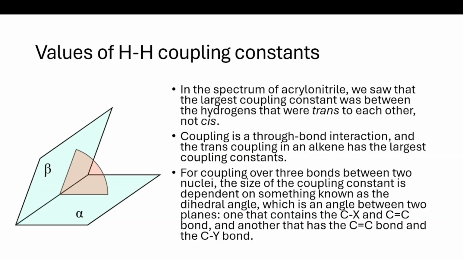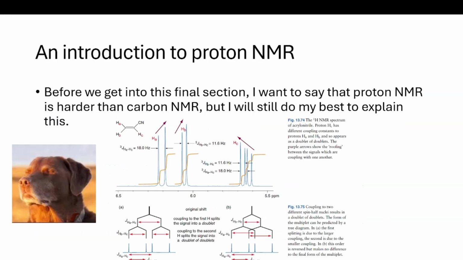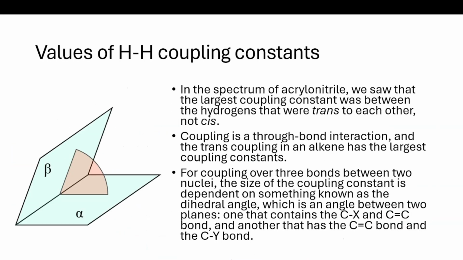So, in the spectrum of acrylonitrile, past me would have said, I see that hydrogen A and hydrogen C are trans, but hydrogen B and hydrogen C are cis, so the coupling constant for hydrogen B to hydrogen C should be greater, right? Wrong. That's actually explained by something right here.